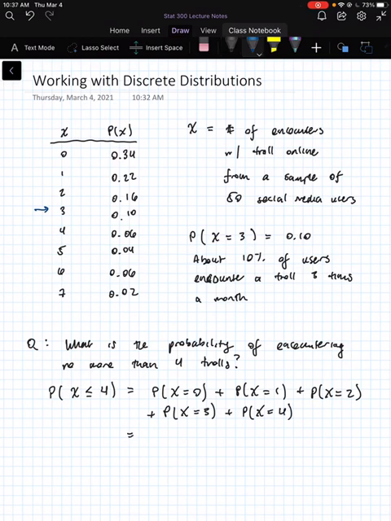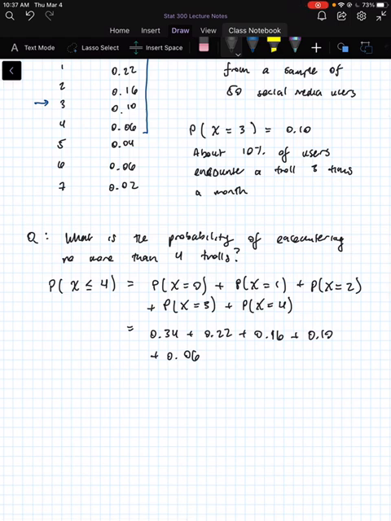And so we would be adding up these probabilities. So that's 0.34 plus 0.22 plus 0.16 plus 0.10 plus 0.06.